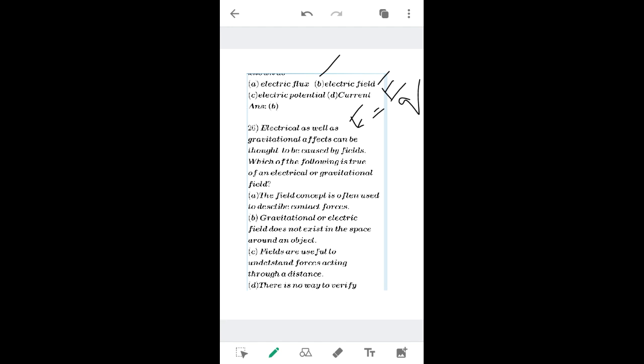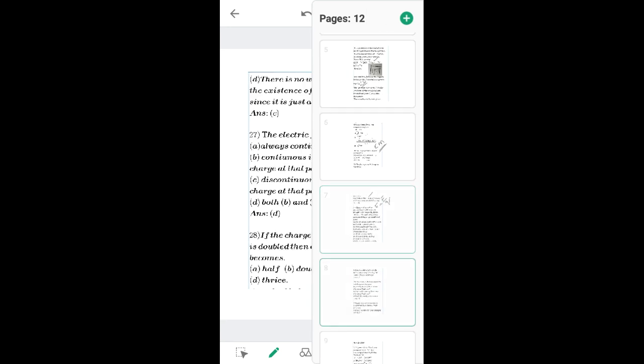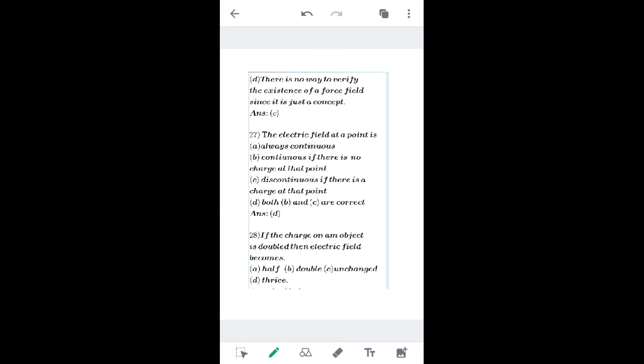The field concept is often used to describe contact forces. Gravitational or electric field does not exist in space around an object. Fields are useful to understand forces acting through a distance. There is no way to verify the existence of a force field, since it is just a concept.